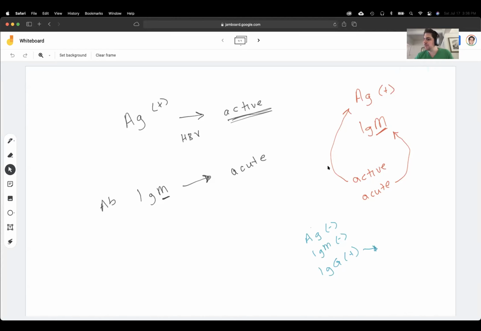So remember, this class switching is the change from one antibody to the other. When you switch from IgM to IgG, you're showing long-term immunity. So your IgGs are long-term. You've cleared the infection, but you've developed some long-term immunity.